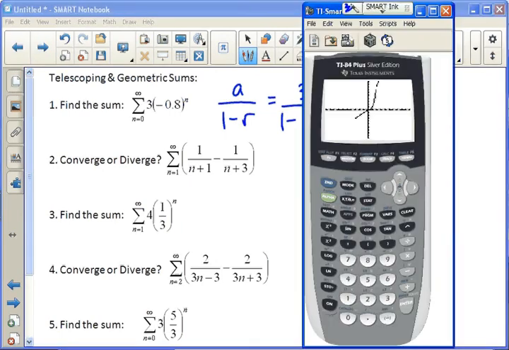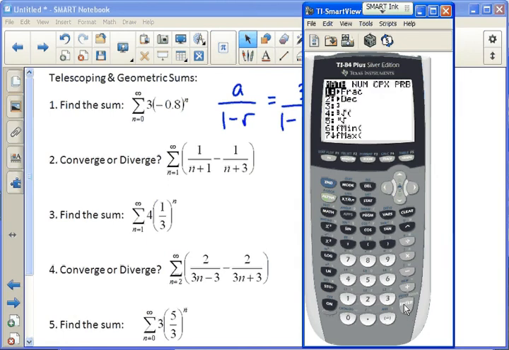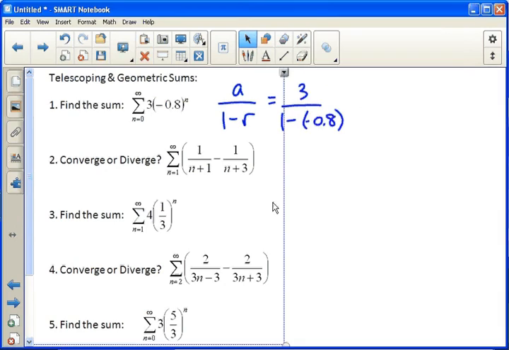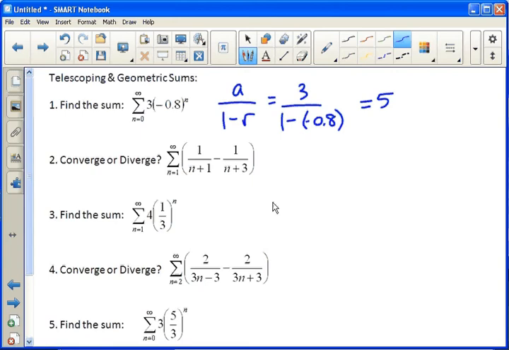So we get 3 over parentheses 1 minus negative 0.8. And we get 1.6 repeating. I believe that's 5/3. Yes, 5/3 it is. So the sum of this geometric series is 5/3.